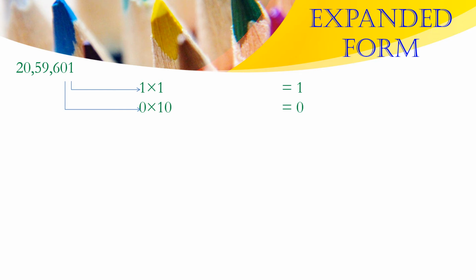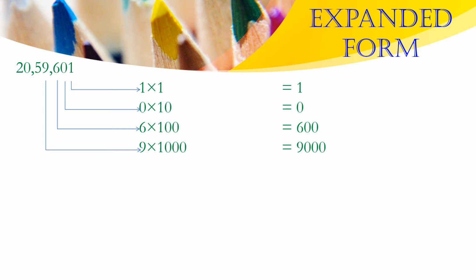The next we have 6, which is in hundreds place, therefore 6 into 100, which is equal to 600. The next 9 is in thousands place, therefore 9 into 1000, which is equal to 9000. 5 is in 10,000 place, therefore 5 into 10,000, which is equal to 50,000.